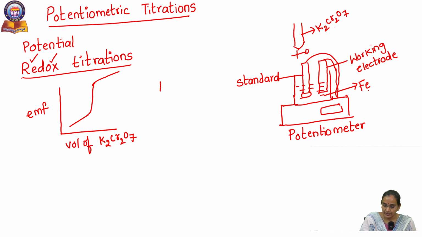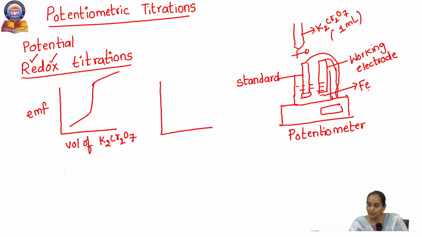Again, we have to do a fine titration. First, with the addition of 1 ml of potassium dichromate to the iron solution, we plot a graph between volume of potassium dichromate versus EMF, and we get a rapid increase at the endpoint. To locate that endpoint, we do a fine titration between these two volumes.